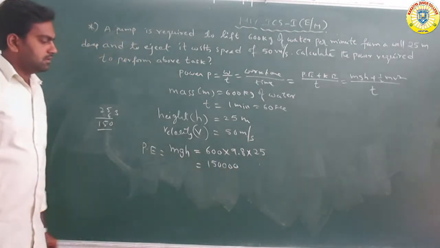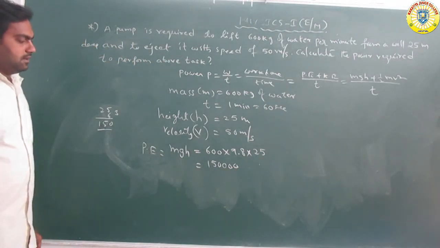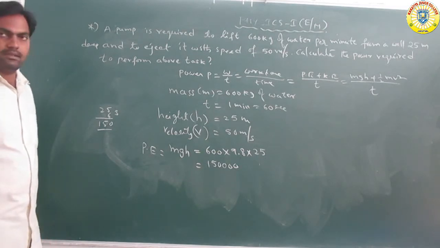So ones, tens, hundreds, thousands, ten thousands, one lakh: 1 lakh 50 thousand.